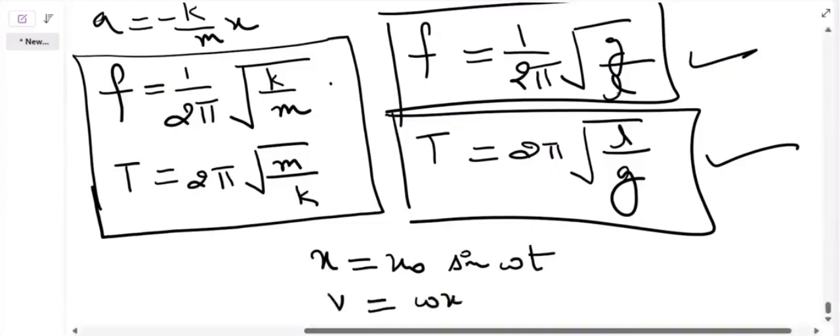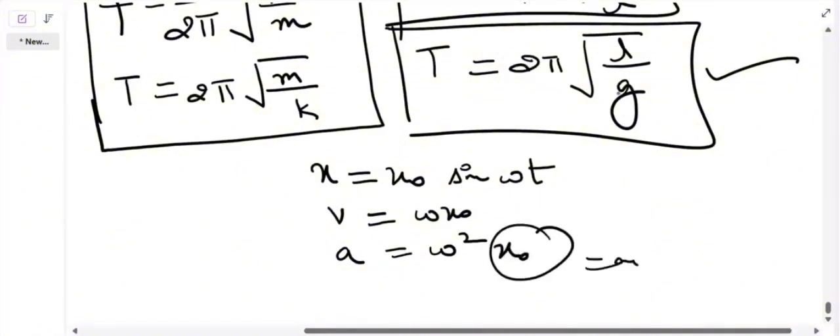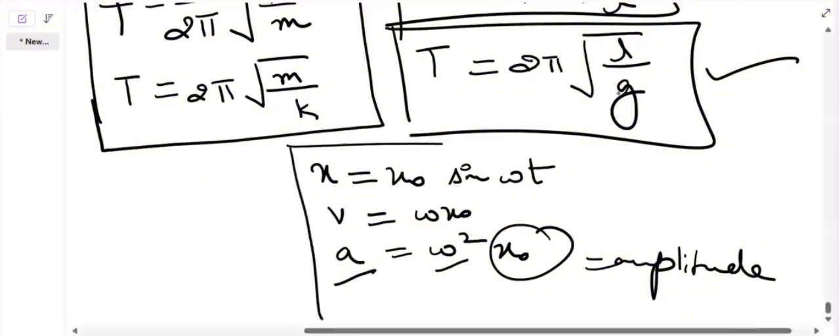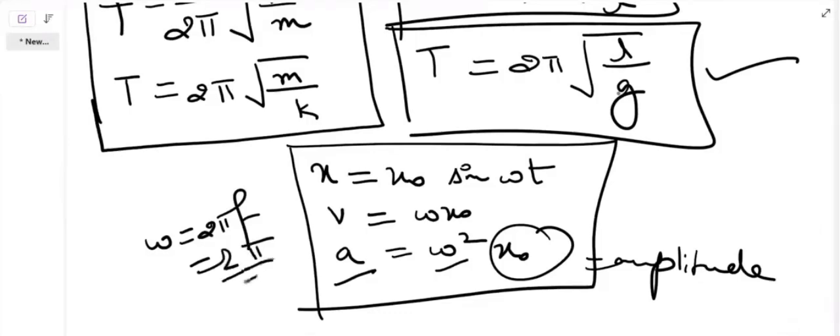Velocity is omega x naught, and your acceleration is omega square x naught, where x naught is the amplitude of the wave. Omega is the angular velocity, a is the acceleration. Any doubts in these equations? No, ma'am. You can also apply omega equals 2 pi f. Also you can apply 2 pi over T, and you can connect all these equations to solve the numericals.